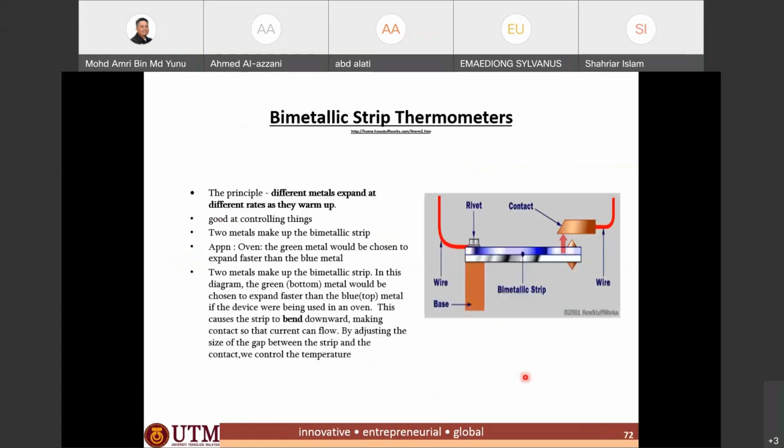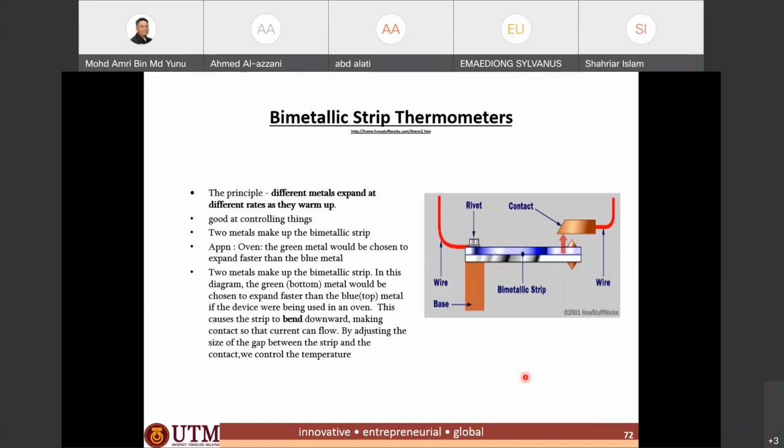These are the other thermal sensors, for example the bimetallic strip thermometer here. It is based on two different metals that expand at different rates when the temperature increases. So it will bend when the temperature increases, removing the contact.